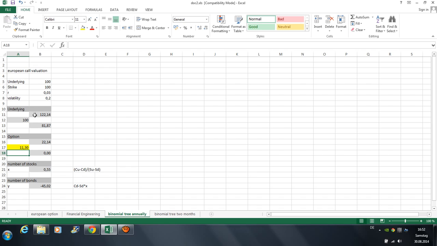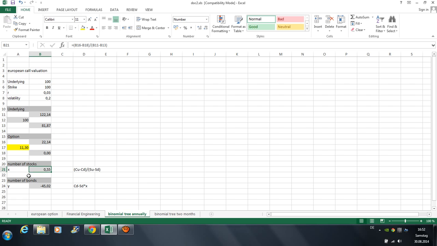Basically, if you want to build a call option with the binomial tree, then you go long in stocks. So we buy these 0.55 stocks, and of course we cannot buy less than one stock. I know that, but that's basically the principle to calculate the option price.